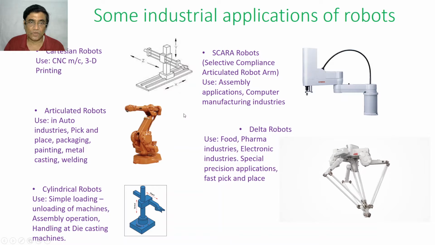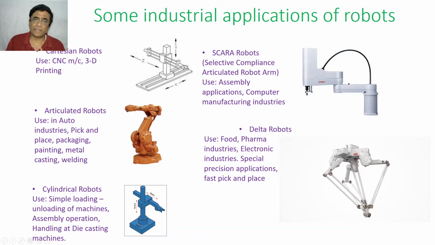Then the articulated robot, perhaps the most commonly used robot; our Puma is also an articulated robot. Okay, articulated means it is just like our hand, with 6 joints. Mainly it is used in the auto industry, for welding, pick and place operation, packaging, painting car bodies, metal casting, all kinds of activities.